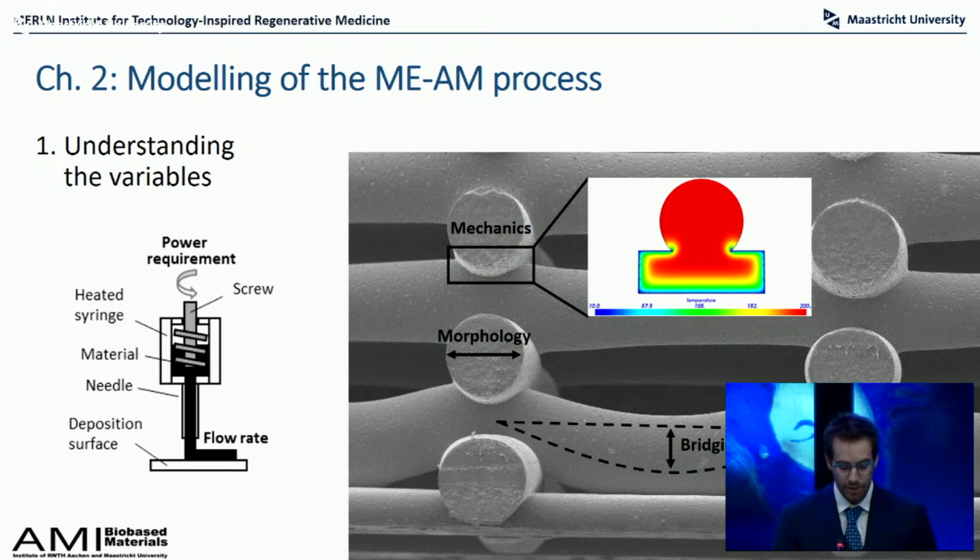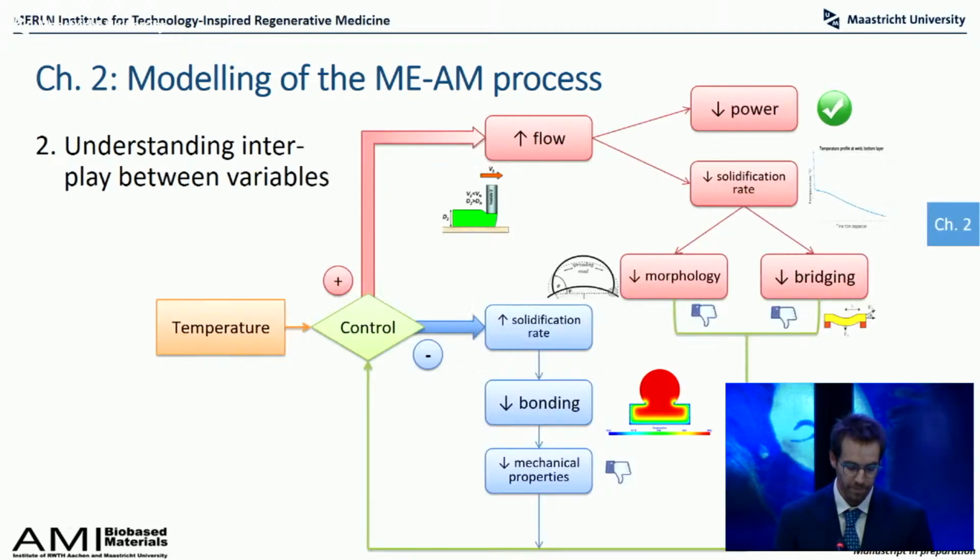First, we started by understanding the actual variables describing the material dispensing process, and afterwards how these affect scaffold properties such as the morphology and therefore the cross-section of the fiber making the scaffold, the mechanics, but also the possibility of properly bridging two filaments from the previous layers so as to avoid lateral pore occlusion. That is very important for nutrient uptake and waste flow.